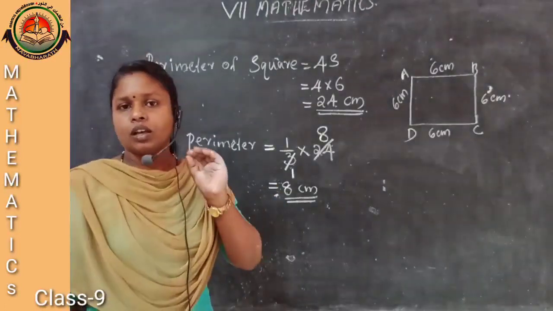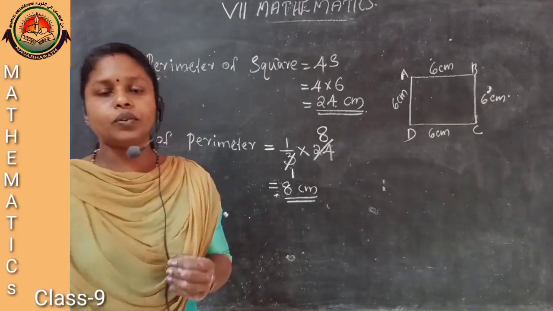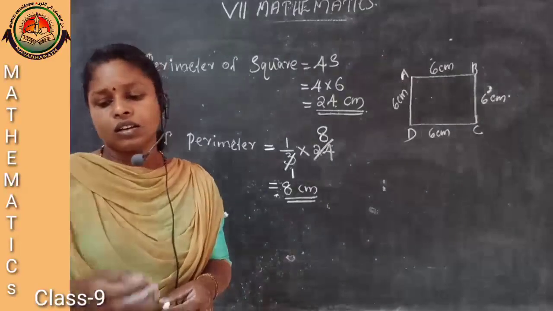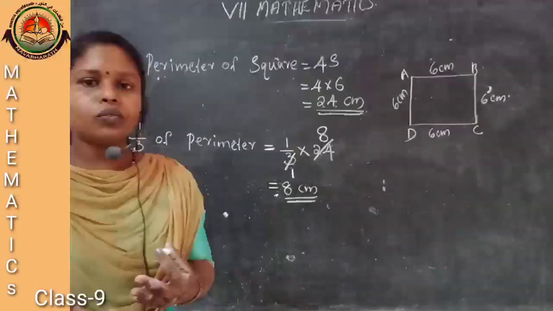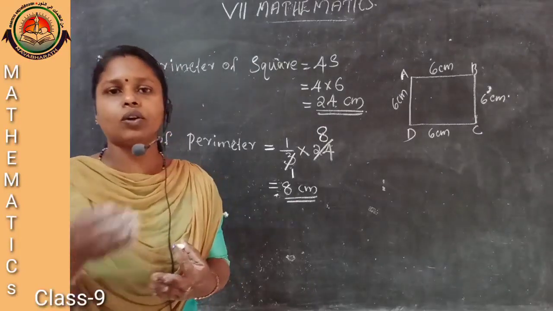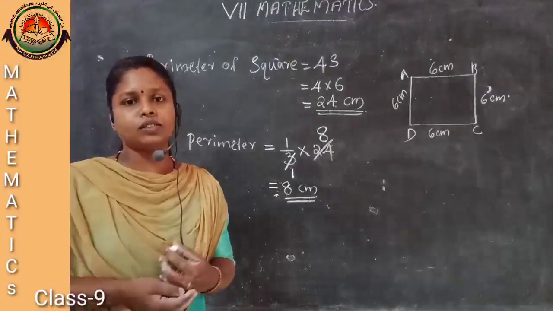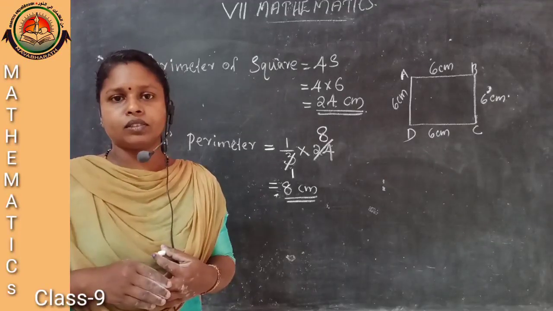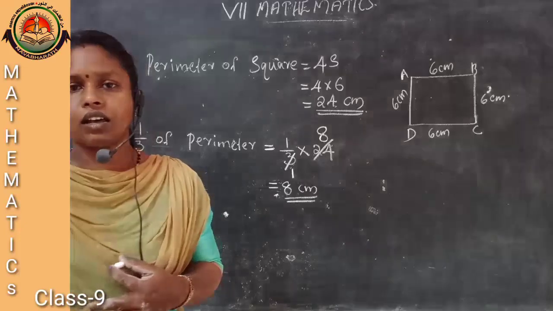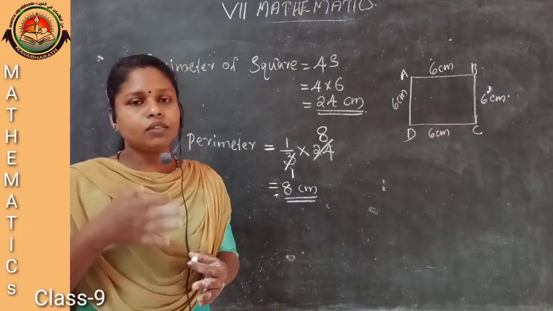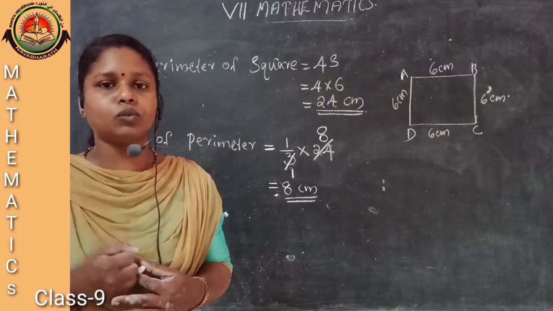Okay, so total students, 45 students are there in total, and 2 by 5 of the total students. So 2 by 5 of 45, that many girls are there. If we get 2 by 5 of 45, we will get the number of boys also.